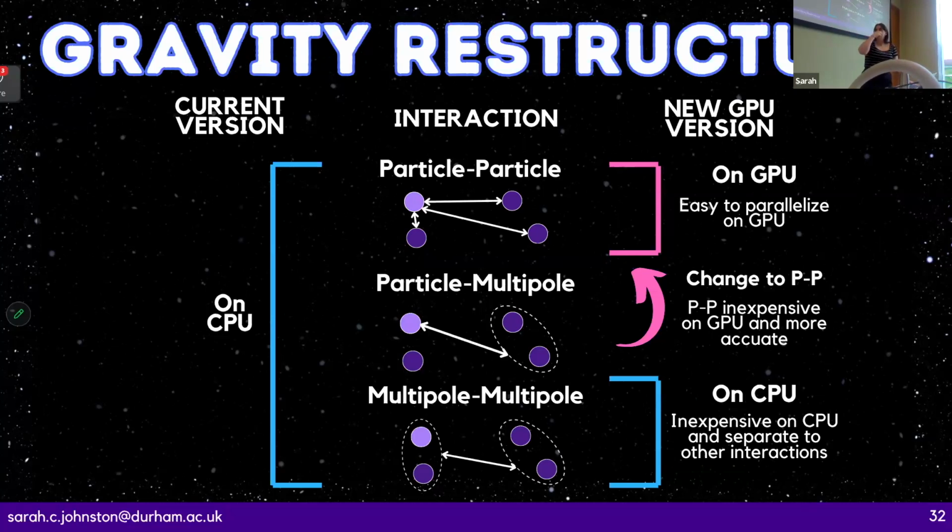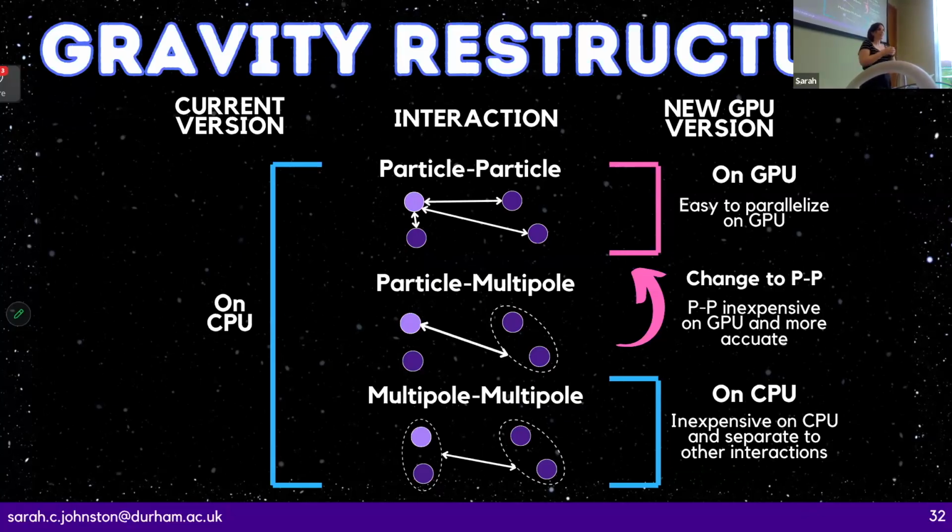The first thing I did was scrap the existence of the particle-multipole on the GPU, for two reasons. One, particle-particle is quite inexpensive once you get going on the GPU, and we want it to do more work. And two, multipoles on the GPU are an absolute nightmare for us because our multipole structures are massive. They require loads of data and lots of calculation to correctly do the multipole.